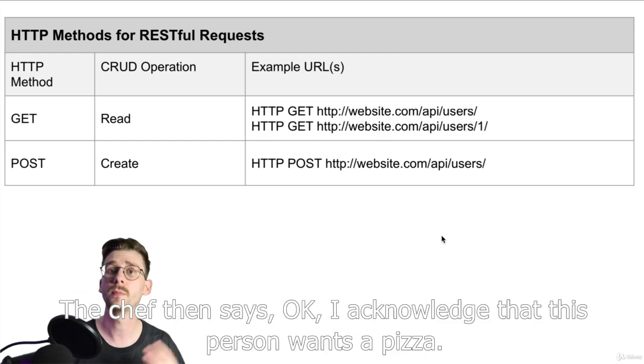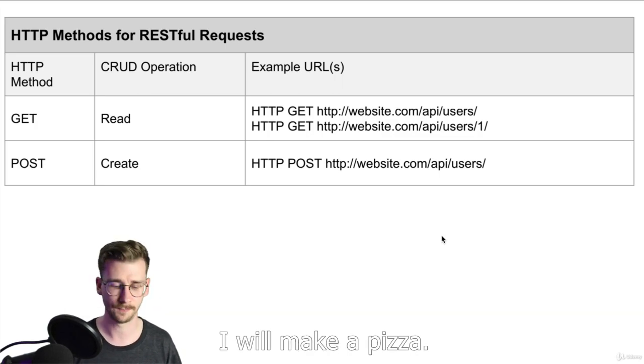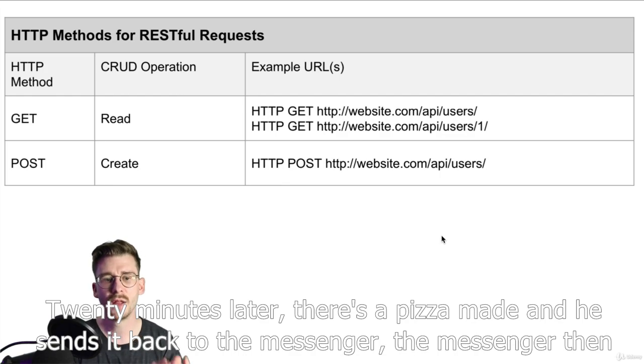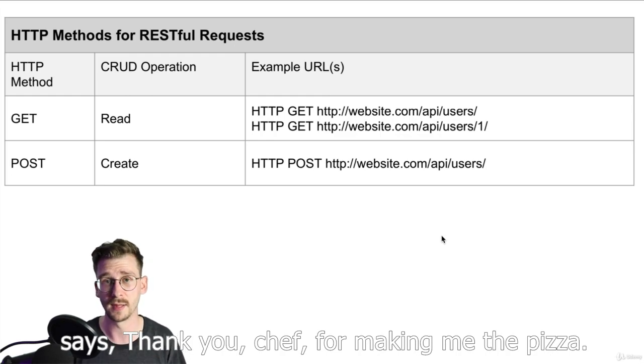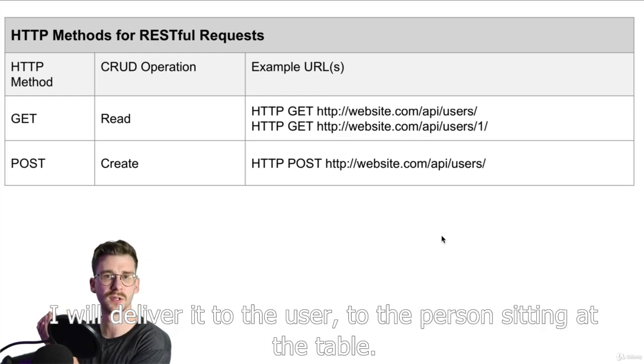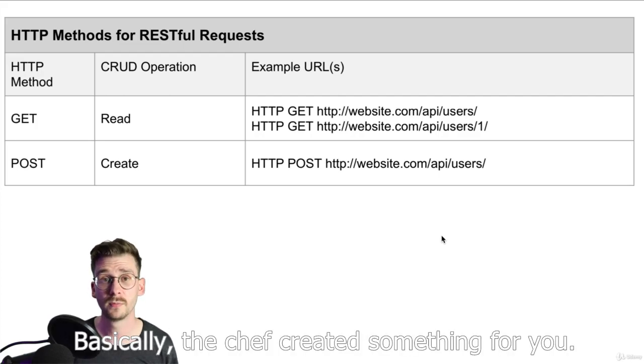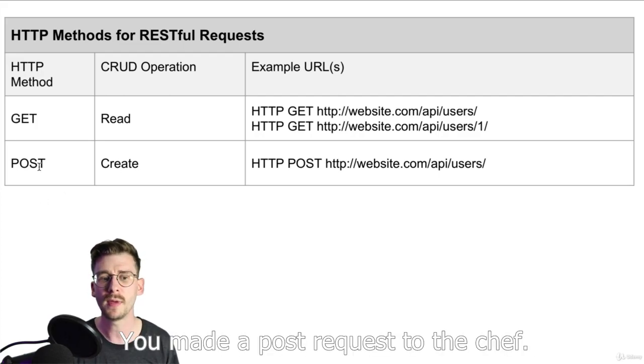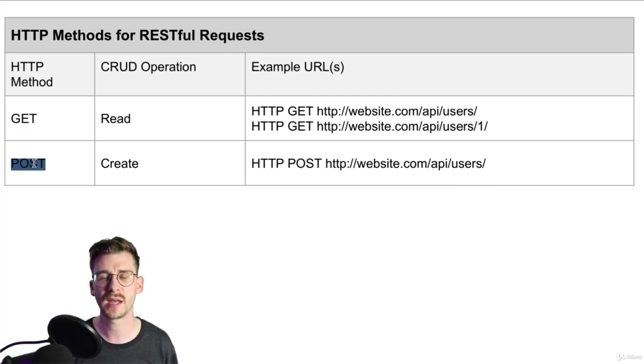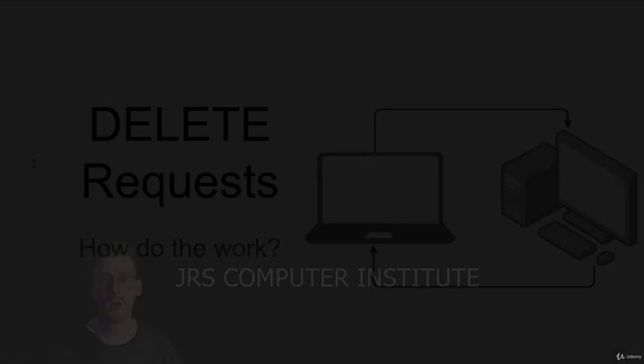The chef then says, okay, I acknowledge that this person wants a pizza, I will make a pizza. 20 minutes later, there's a pizza made, and he sends it back to the messenger. The messenger then says, thank you, chef, for making me the pizza. I will deliver it to the user, to the person sitting at the table. Basically, the chef created something for you. You made a post request to the chef. That's a good way of thinking about it.